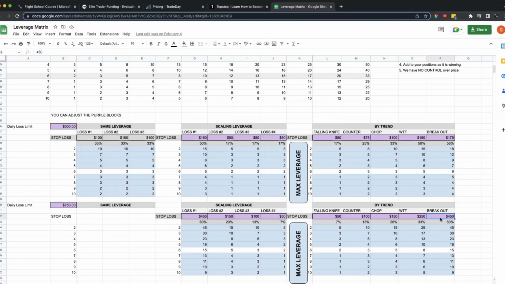That gets to the direction of I start freaking out. I start seeing deer in the headlights, and I don't do well if I'm going to take a 450. So I know under this scenario, I wouldn't be willing to take that much risk, where 60% of my daily is on one trade. Although it's the highest percentage trade, it's a breakout retest, I just know I'm not willing to do that.